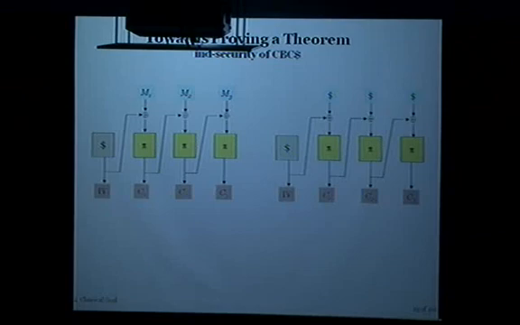And so on, all the way down the line. The object that the adversary is provided on the right produces uniformly independent random bits of length, however many blocks the query was long, plus 1.